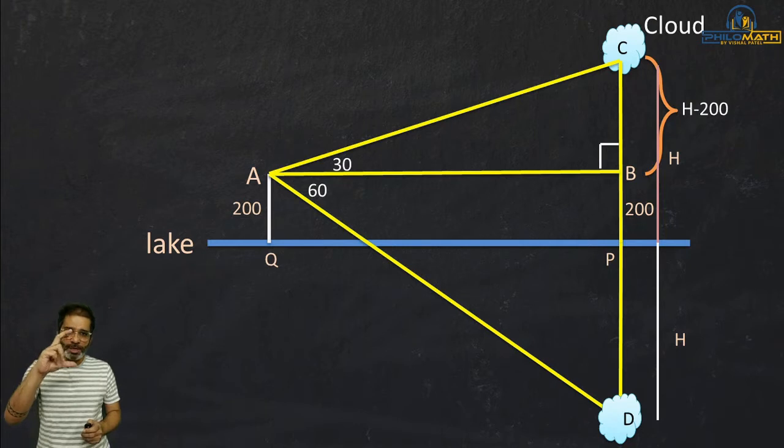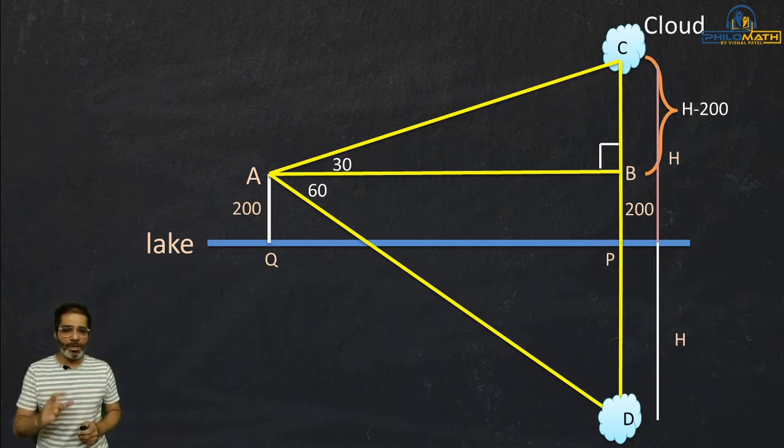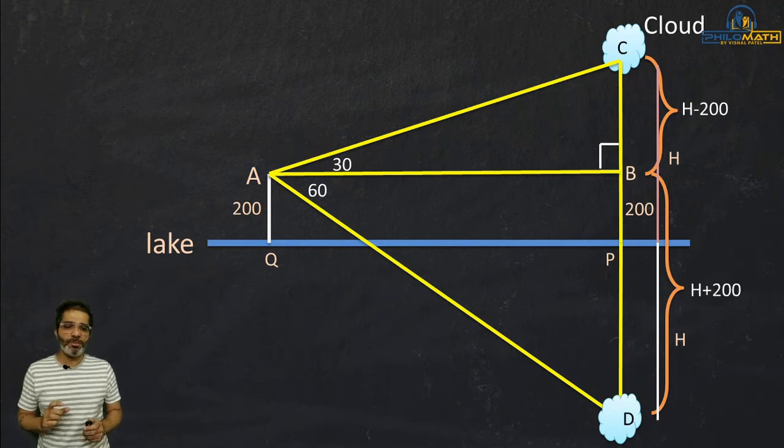In right angle triangle ABD, BP is 200 and DP is H, so DB is H plus 200. We finished marking everything in the figure.